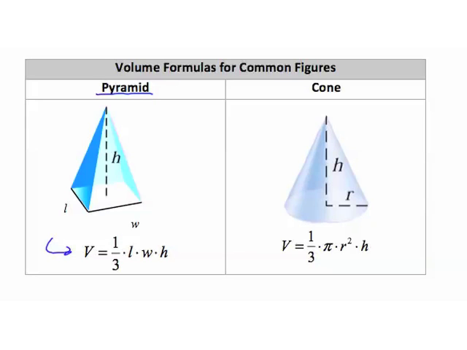We take 1/3 the length times the width times the height of the pyramid. To find the volume of a cone, we take 1/3 times pi, which we'll use 3.14 again, times the radius of the base of the cone, squared, times the height of the cone.